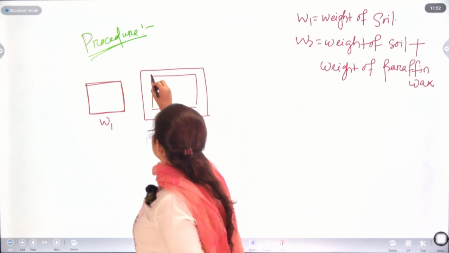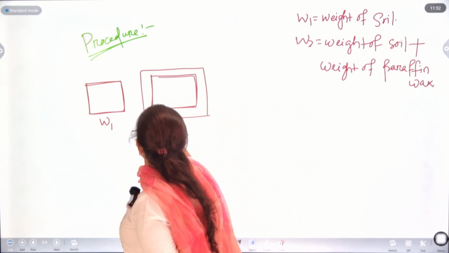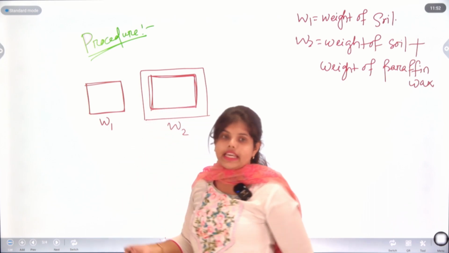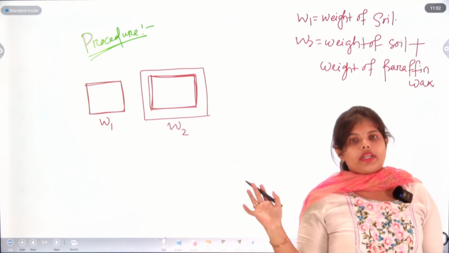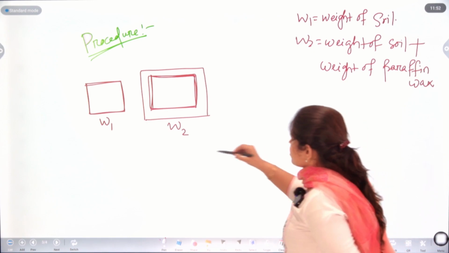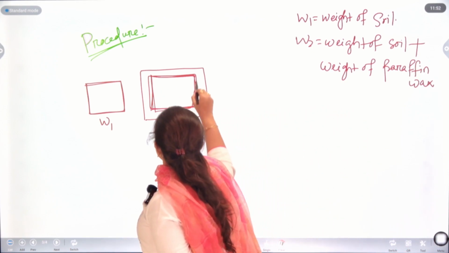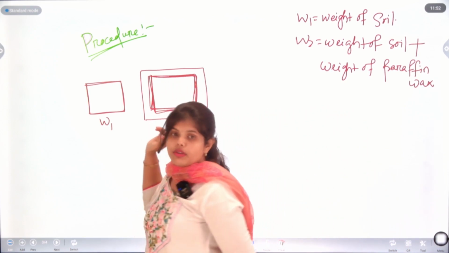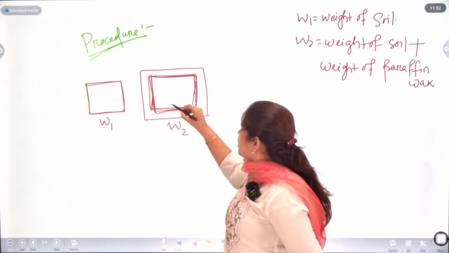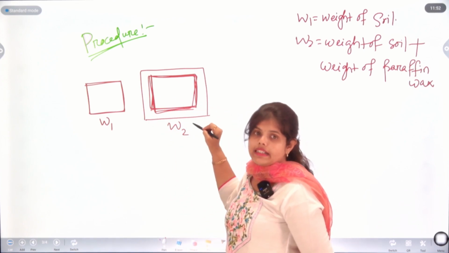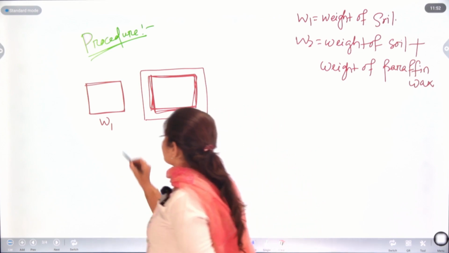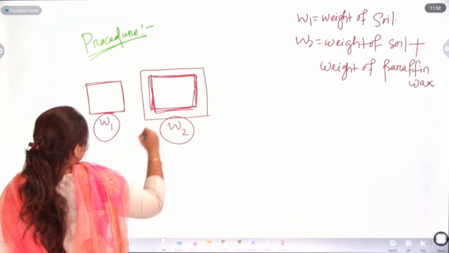As we know, paraffin wax will not melt when it is added to water, so we coat the soil so that it will not melt in water. Now we have W1 and W2.